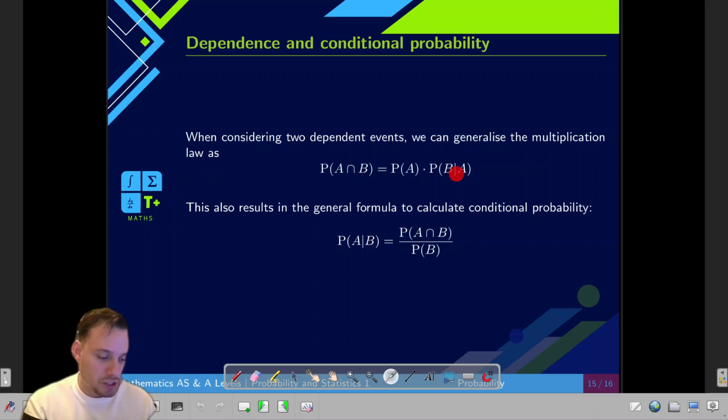Note that I have switched around these two, and it's important because this is the probability of B knowing A, and now I'm using A knowing B. This is the formula that we are using to calculate conditional probability. The probability of A given B is the probability of the intersection of A and B over the probability of the event that we know, the second event.